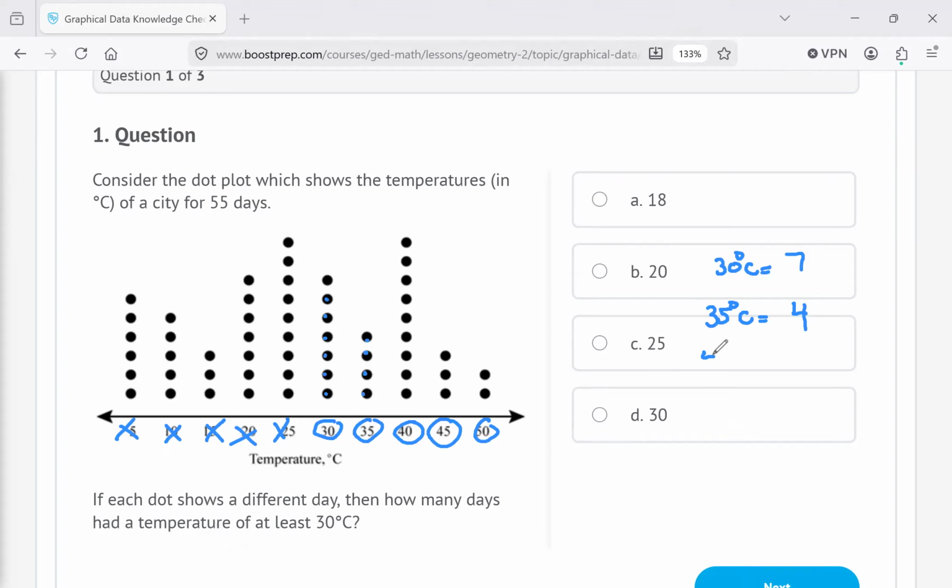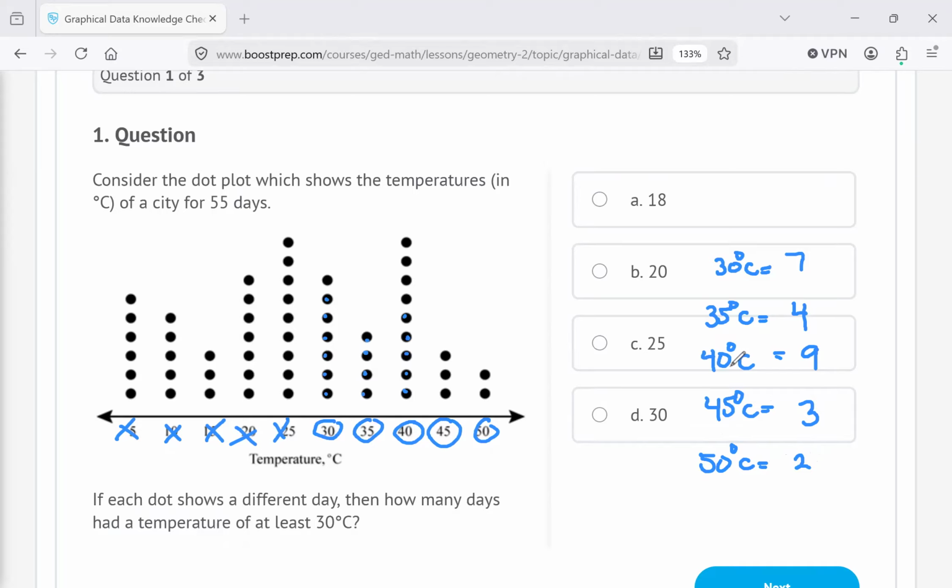And then 40 degrees Celsius, if I count it correctly, it would be about 9. And then 45 degrees Celsius, it would be 3. And then 50 degrees Celsius, it would be 2.